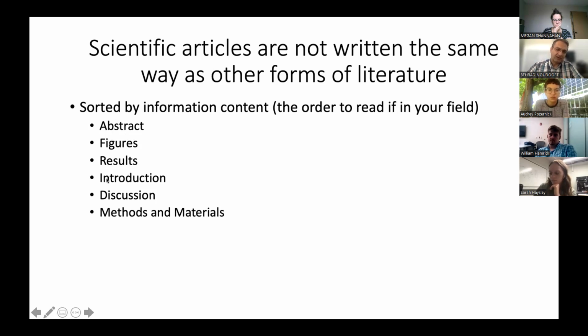And then usually you have introduction and discussion, depending on how much information you're putting in, like how much is the background, or how much this finding gives us information about the future steps. And then usually methods and materials is just a detailed, extended form of information that is needed for understanding how this research is done.